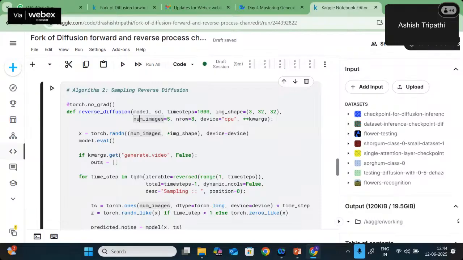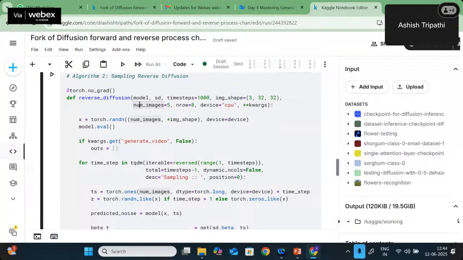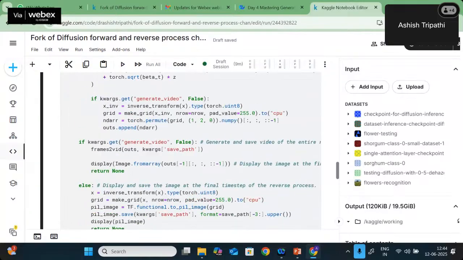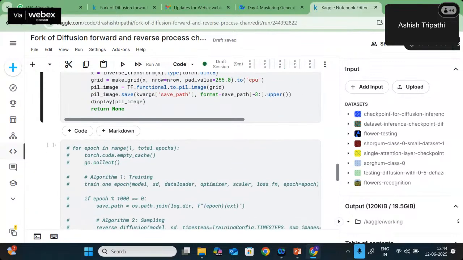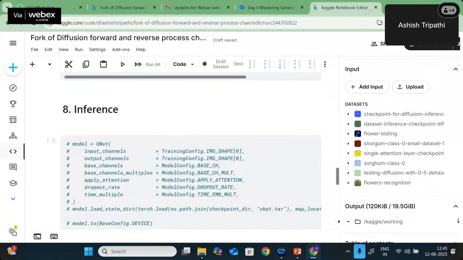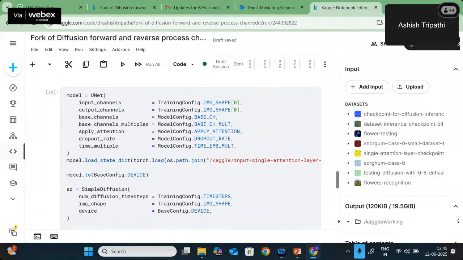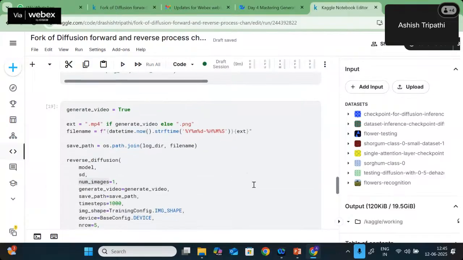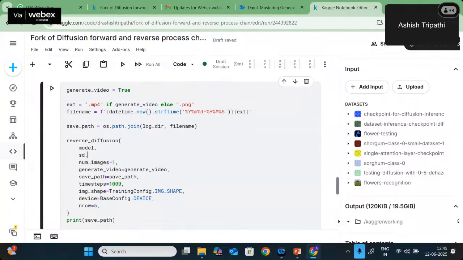So this is the reverse diffusion process. Again, I'm taking timestamp as 1000 and this is the image save. Going ahead, these are some of the steps that I have commented out because I tried a lot of permutations and combinations during the process. Here, I have generated video for the reverse process.